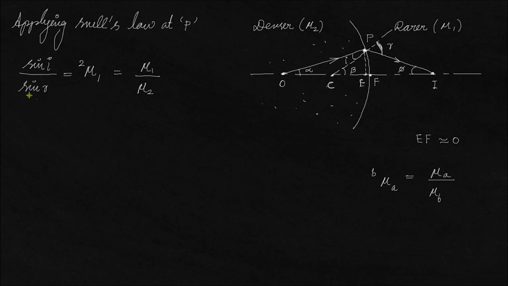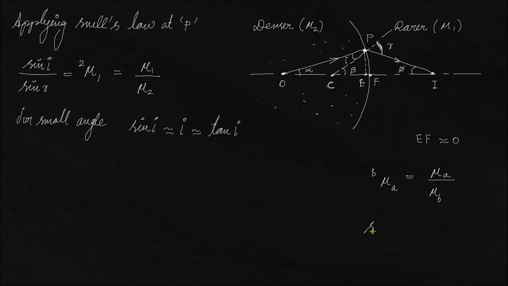So for small angles, we know sin i, that is the sine of the angle of incidence, is approximately equal to i itself. That is also equal to tan i. That is, for small angles, this relation is possible.